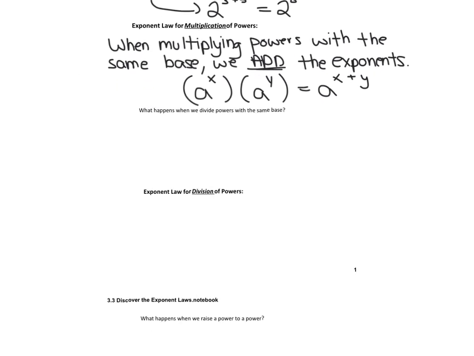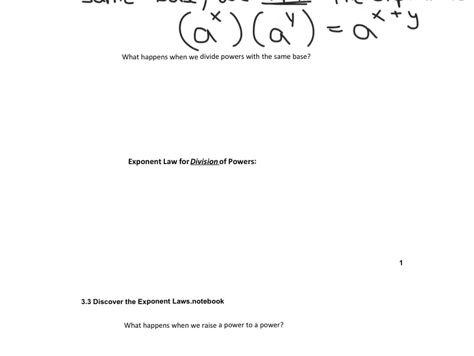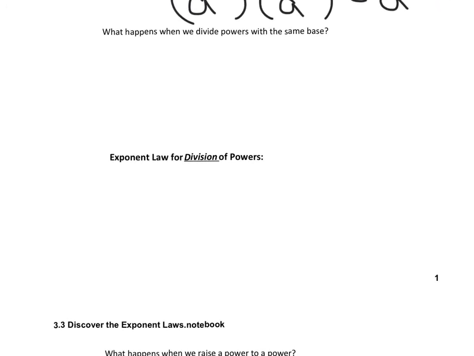Can I move this up? Zoom in. What happens when we divide powers with the same base? Again, we're going to look at a product. Let me give you an example.